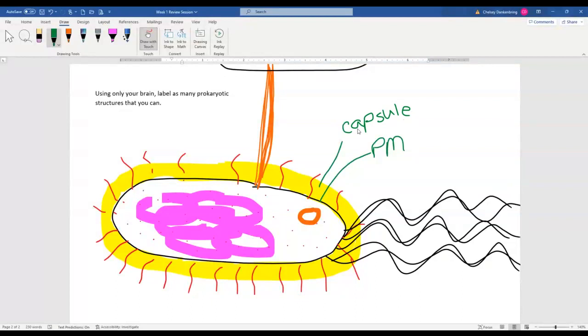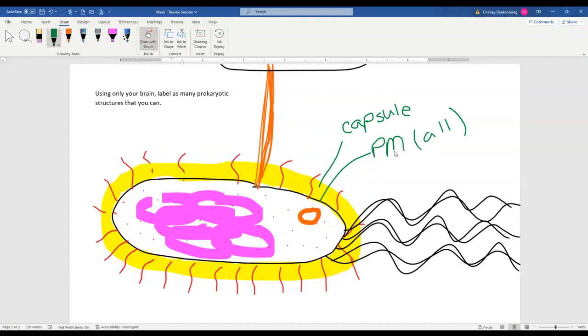Yes. So remember, the capsule does a lot of things. It helps with attachment because it's sticky. It helps evade the immune system. And if cells are starving and desperate, technically they could eat it, right? But that's kind of weird. Now, plasma membrane, all cells have. All prokaryotes, eukaryotes, everything.